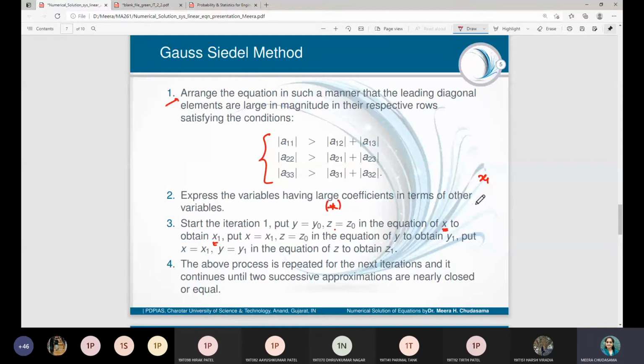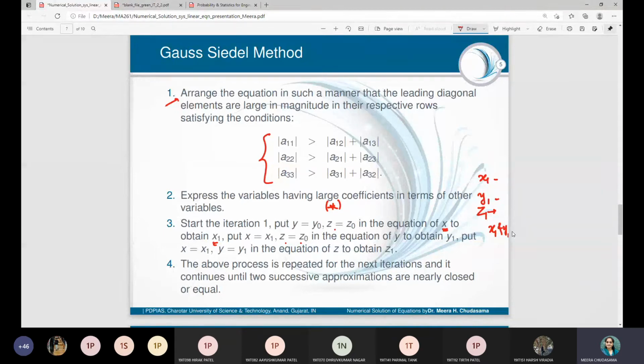Put x is equal to x1 and z is equal to z0 in the equation of y and obtain y1. तो जब दूसरा इक्वेशन y इवेल्युएट करोगे तो x is equal to x1 रखोगे, z is equal to z0 रखोगे, and when you consider the evaluation of z1 तो उस टाइम पे आपके पास ये दोनों previously evaluated value already होगी. तो at that time z1 will be expressed in terms of newly iterated values, that is x1 and y1.